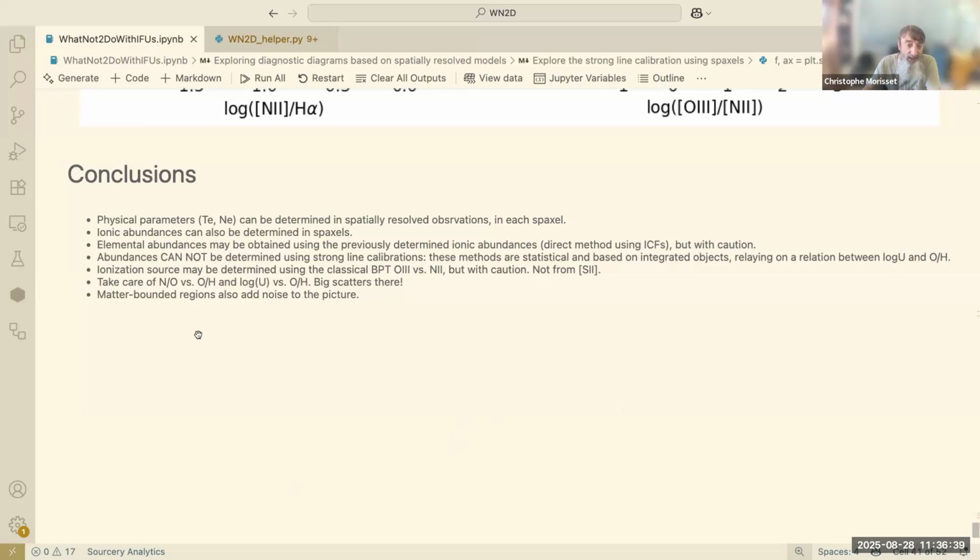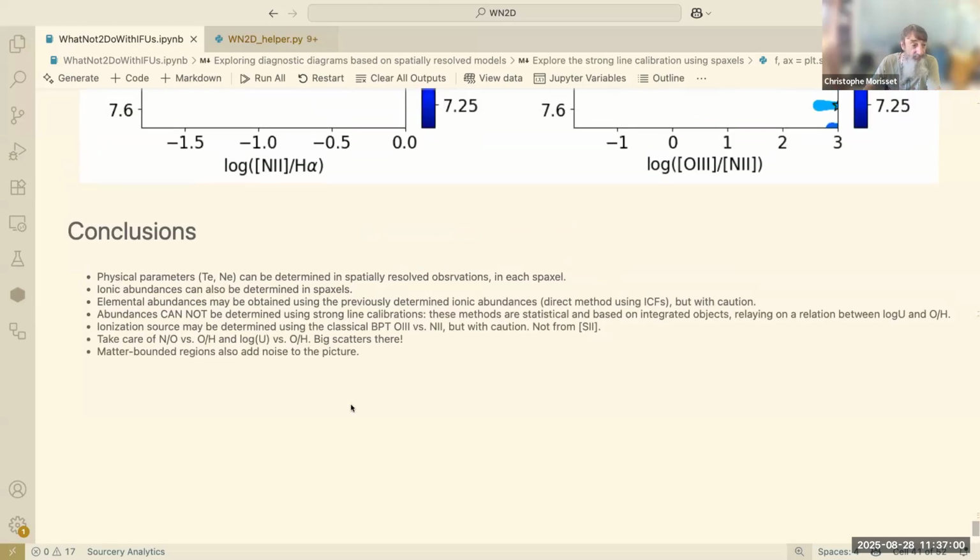That's good news. And take care that in my model, I have only one relationship between N over O and log U versus O over H. But there is scatter, so a grid of models should include scatter in this relation. And matter bounded regions also add noise. Okay, thanks a lot.